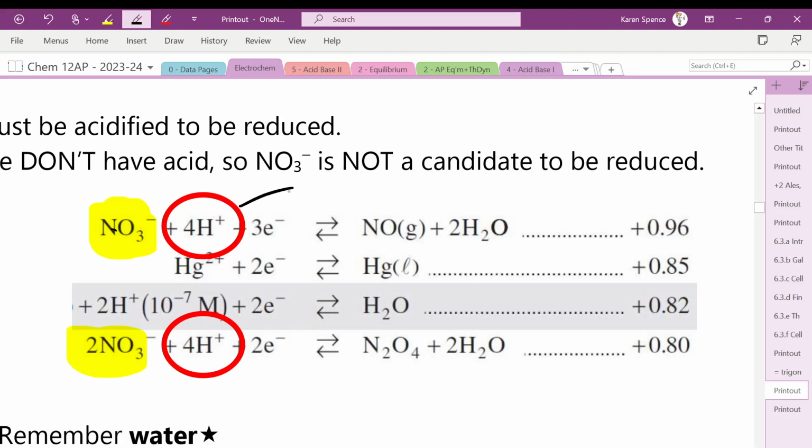That means this reaction needs what? Yes, it needs acid to occur. If you're not providing an outside source or an inside source, like say it was HNO3, if you're not providing H+, then this reaction cannot occur, okay?